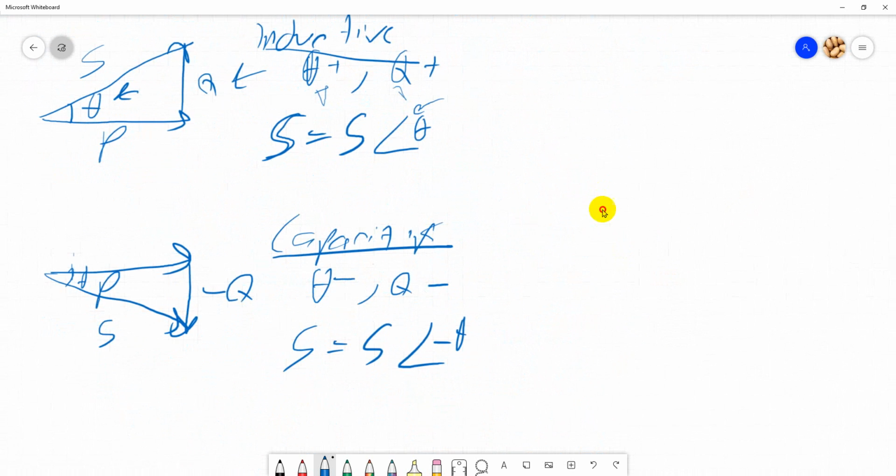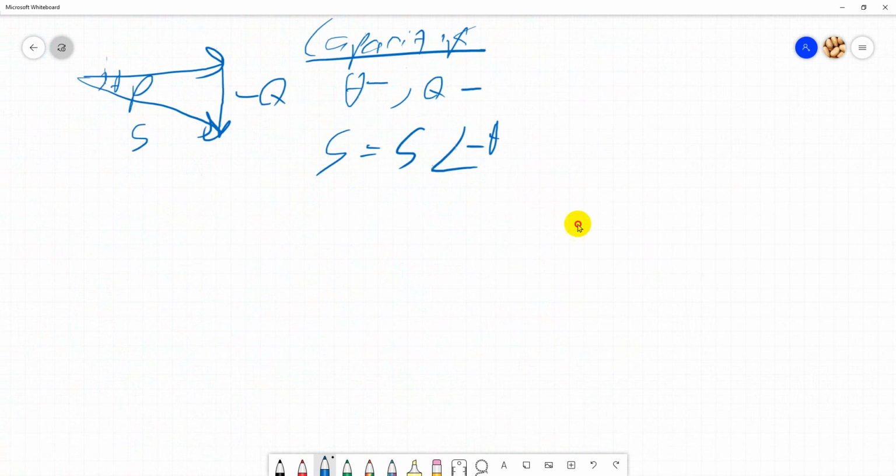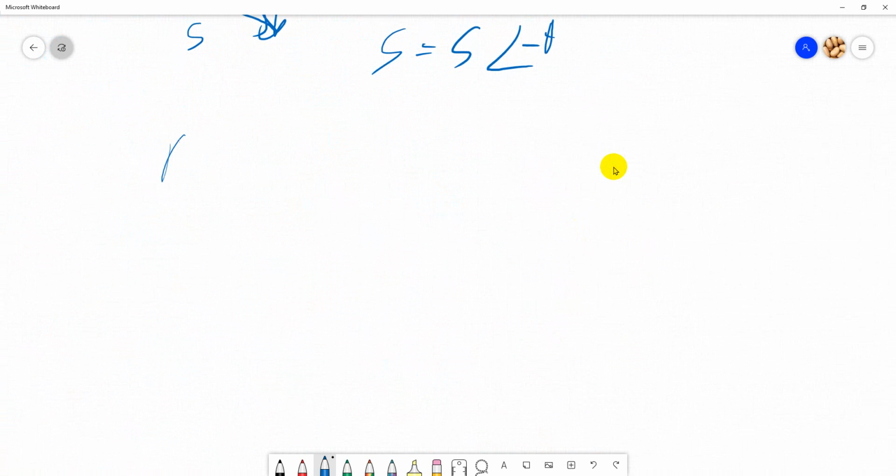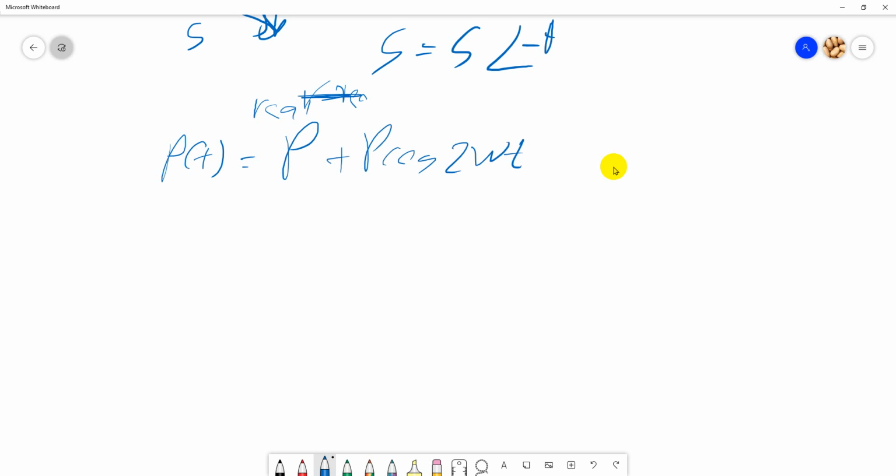How about instantaneous? Okay, so remember the formula p(t) equals P. Okay, P is real. All of it is real, no imaginary part. So p(t) is just P plus P cos 2wt. Don't forget the 2.